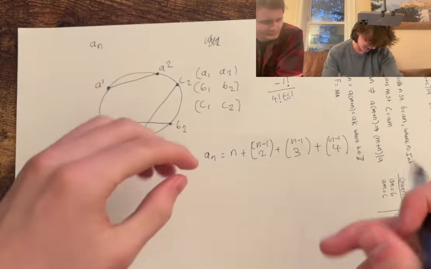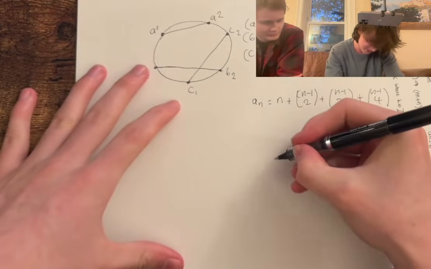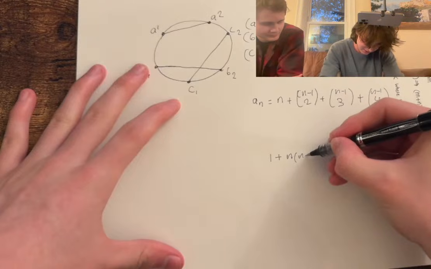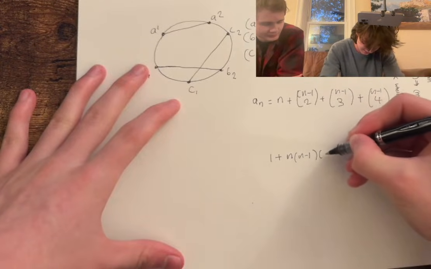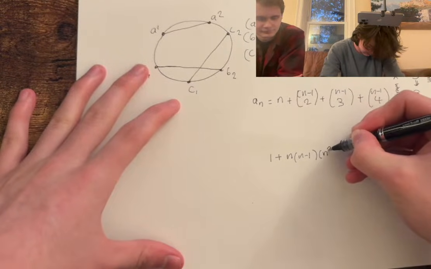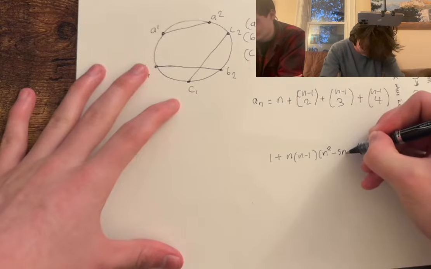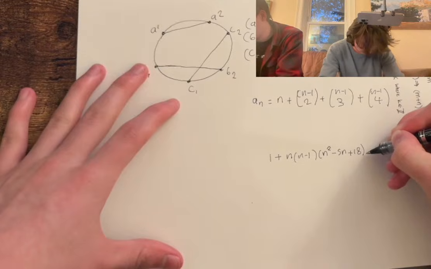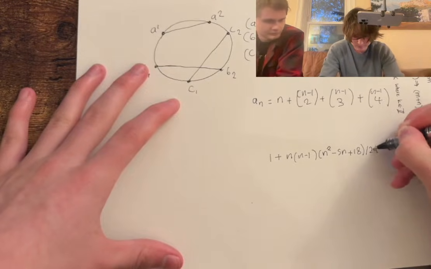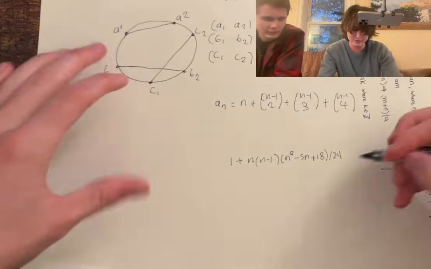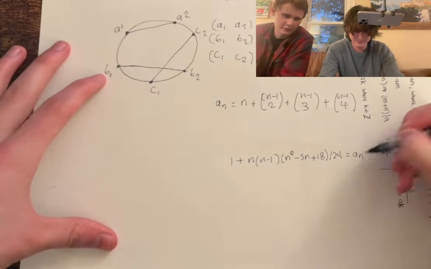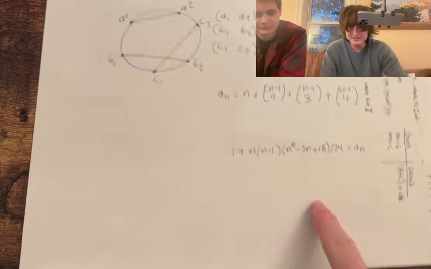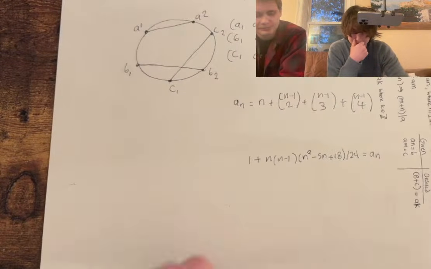If you would prefer to not deal with that, we have the formula 1 plus n times n minus 1 times n squared minus 5n plus 18 over 24. Which is way more intuitive. That could be real. I mean, at least there's like a cube or something right there. All right. That seems more real.